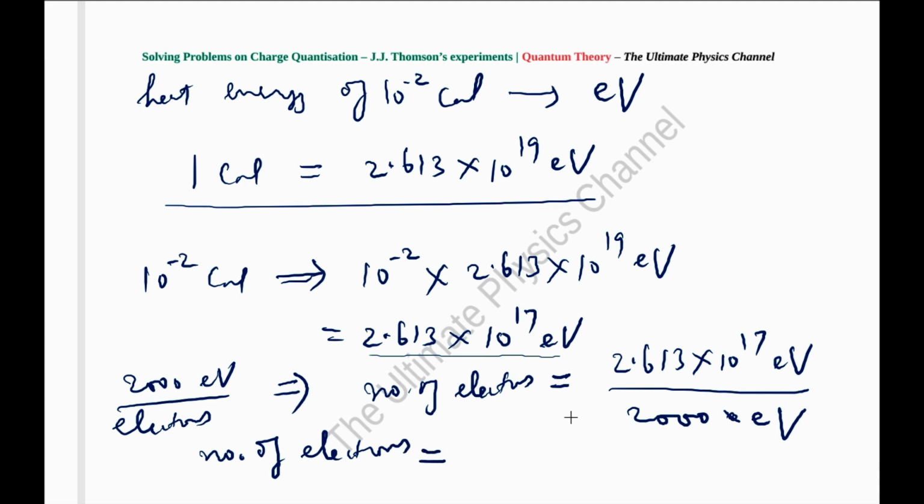So the number of electrons is basically 1.306 times 10 power 14, because here it is 10 power 3 and I'm just dividing it by 2. That is the answer: 1.306 times 10 power 14 electrons. Those many electrons strike the beam stopper to increase its energy by 2.613 times 10 power 17 eV.